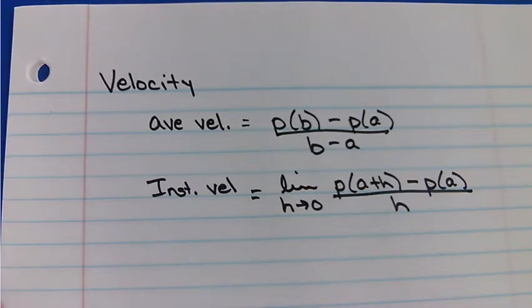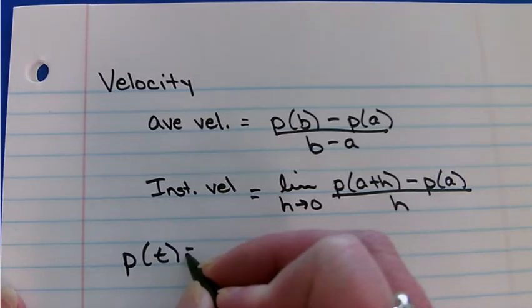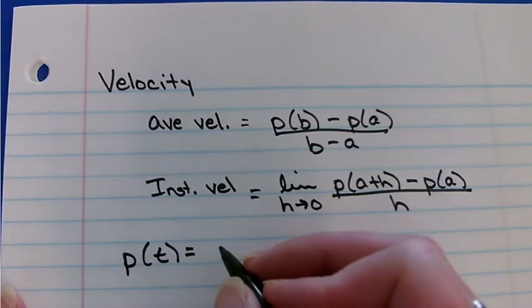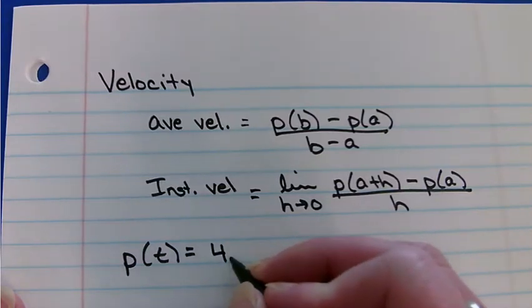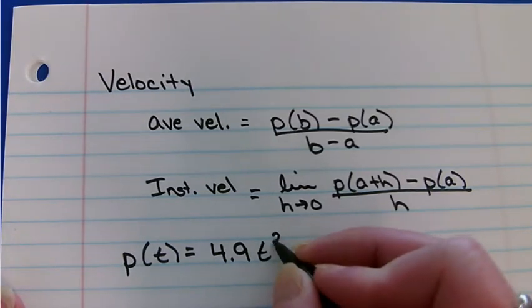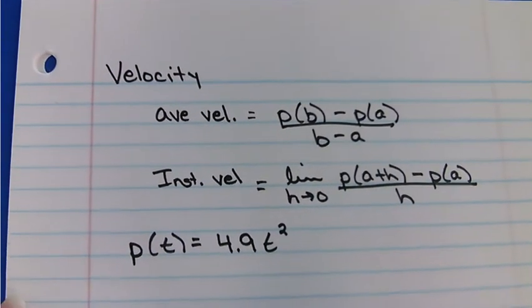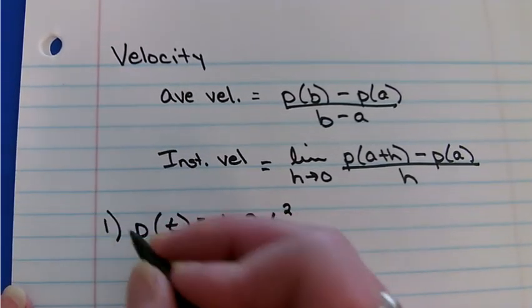Let's say I have a position function that says that the position of an object is 4.9 times t squared. And then I want to know, so here's the position of an object.